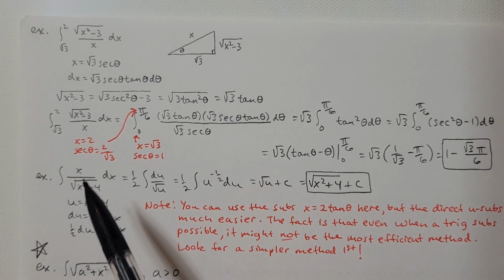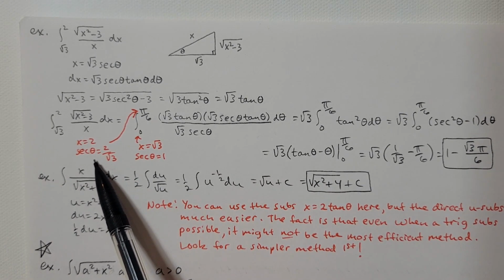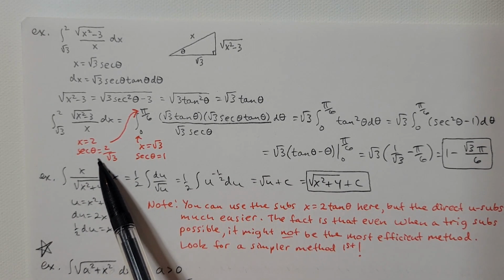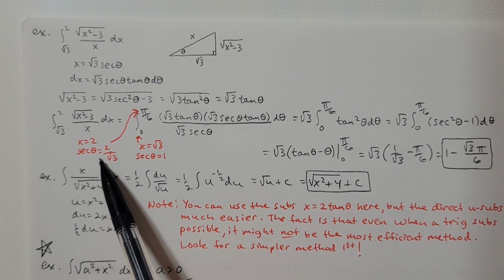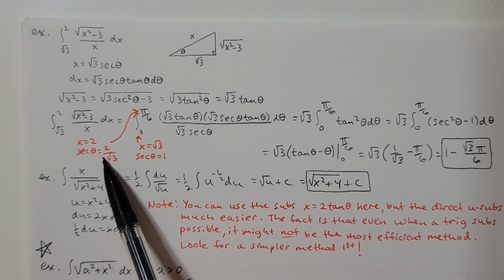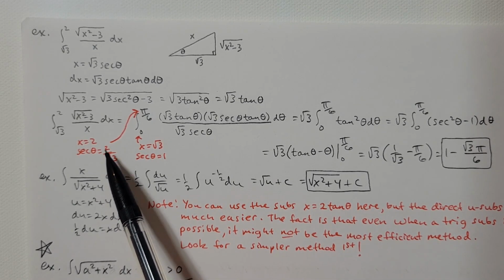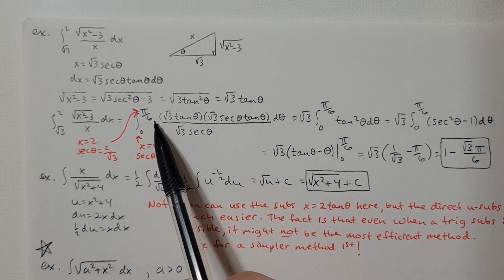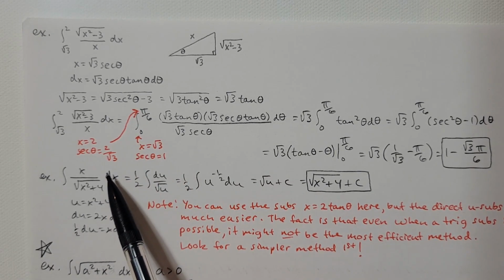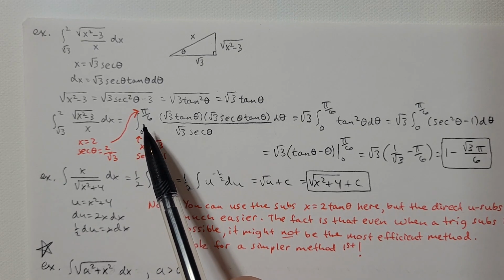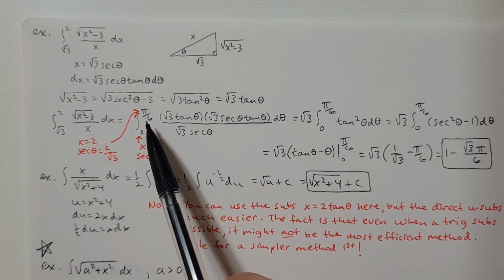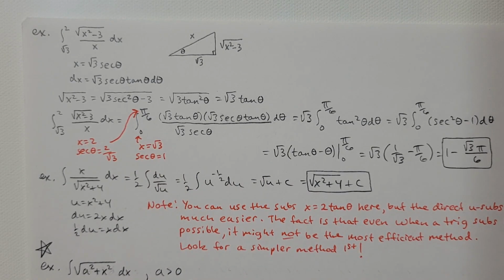So secant theta, that's 1 divided by cosine theta. Cosine theta is root 3 divided by 2. So for what value of theta is cosine theta equal to root 3 over 2? Well, cosine of pi over 6 gives me root 3 divided by 2. So the upper bound is going to be pi over 6.